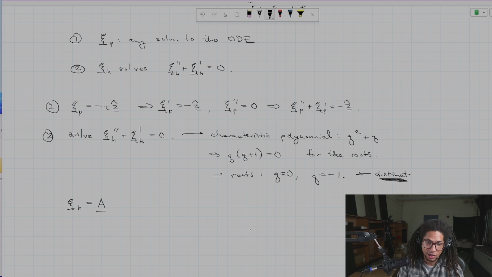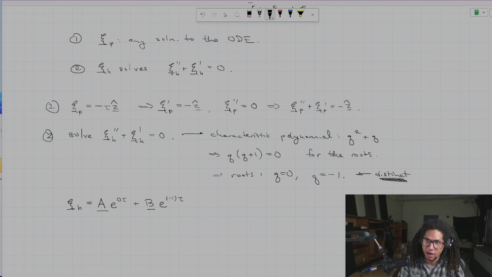And A is going to be, in this case, vector valued because I have a vector valued ODE here, times e to the minus the first root times tau, so 0 times tau, plus b, which again is going to be vector valued, times e to the second root, so minus 1 times tau.